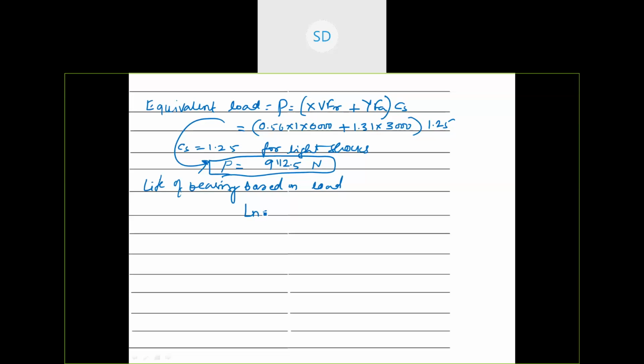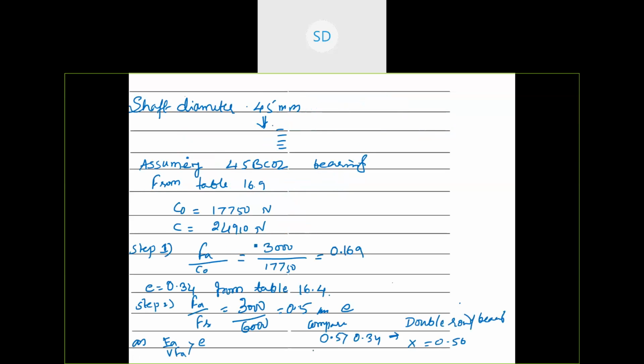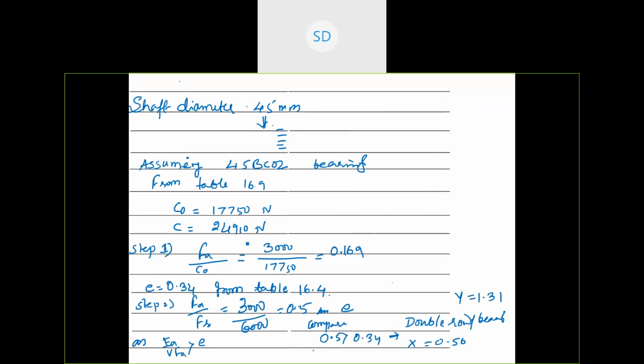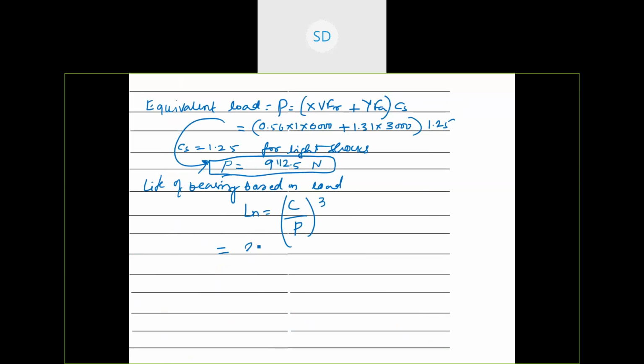So Ln equal to C divided by P to the power of 3. C is the dynamic load noted from data handbook, that is 24910. So 24910 divided by 9112.5 to the power of 3. Now we calculate what is the Ln you are going to get here.